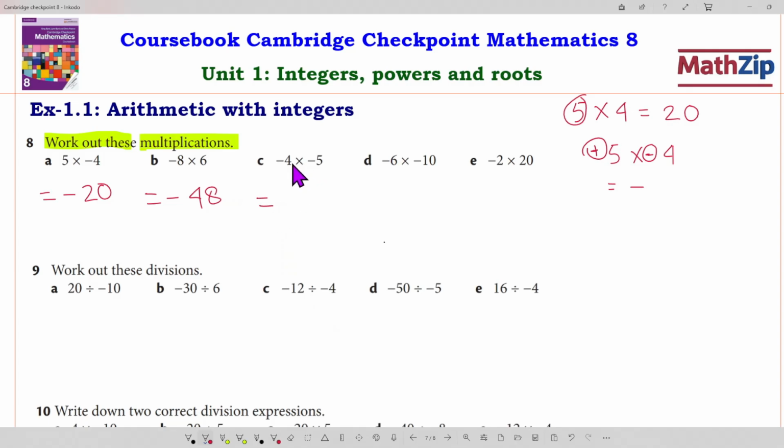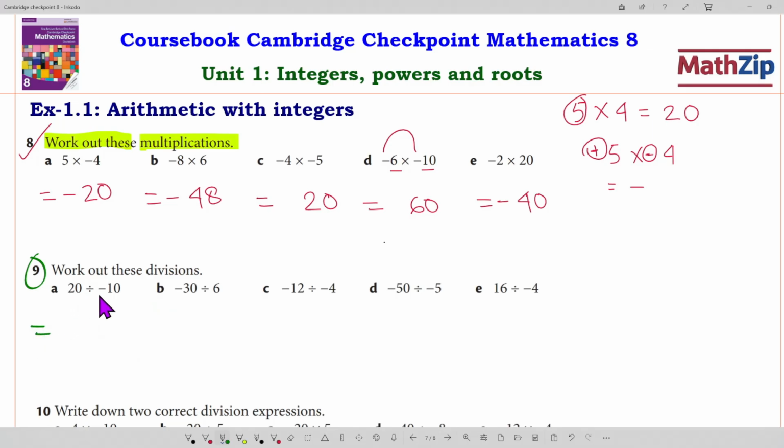Similar thing, 4 times 5 is 20, and minus times minus will be plus, so here is only 20. 6 times 10 is 60, minus and minus, once you multiply, it will be plus, so only 60. 2 times 20 will be 40, and here is minus, and before 20 is a plus, so minus and plus multiply will be minus.